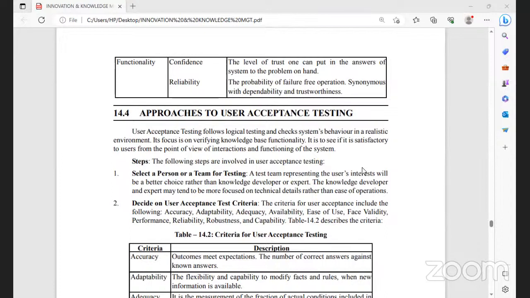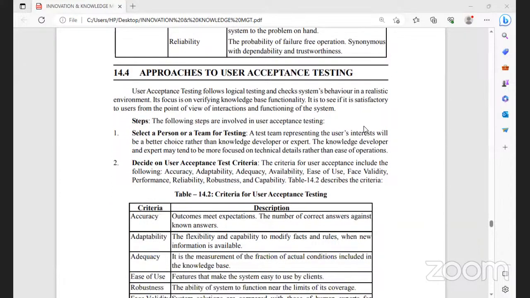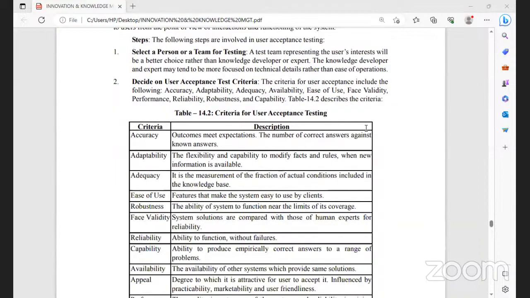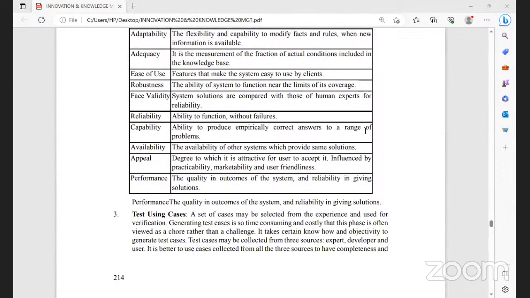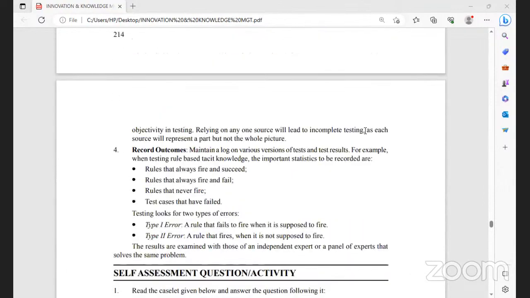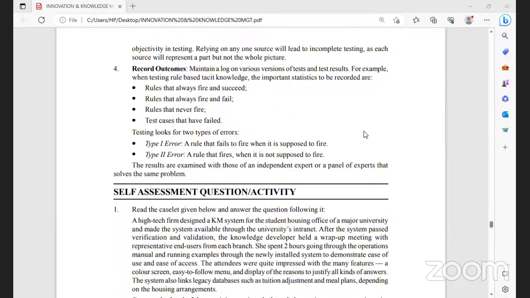the system. The hierarchical steps in user acceptance testing are: select a person or a team for testing, decide on user acceptance test criteria, test using cases, and record outcomes. It is a step-by-step process which consists of two errors, type 1 error and type 2 error.